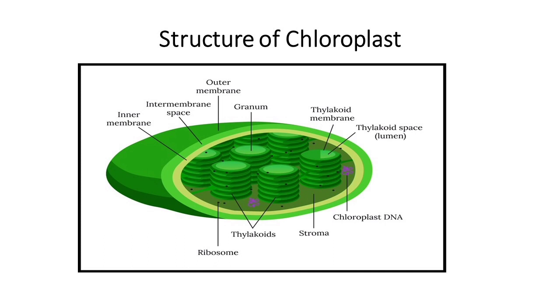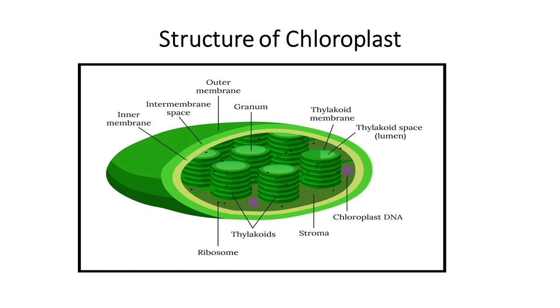In the matrix, there are many closed flattened sacs called thylakoids. The thylakoids are also known as lamellae. Each thylakoid is bounded by a single unit membrane and encloses a cavity called loculus. 10 to 100 thylakoids are arranged one above the other in the form of a stack of discs. This structure is called a granum.